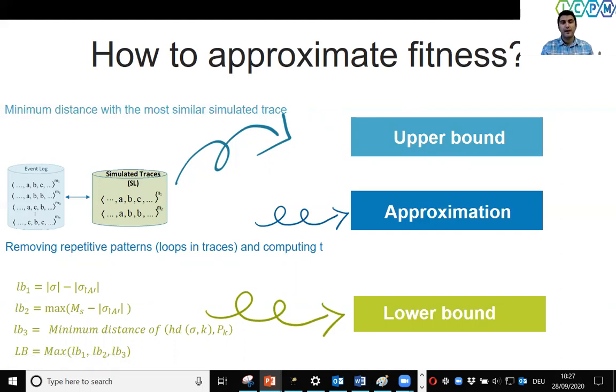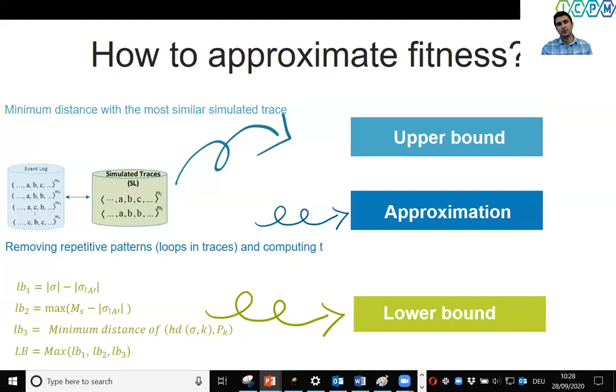First, we compare the length of the log trace with its projection on the model activities. For example, if the log trace has activity Q that is not present in the process model, we need at least one deletion, because Q is not in the model.